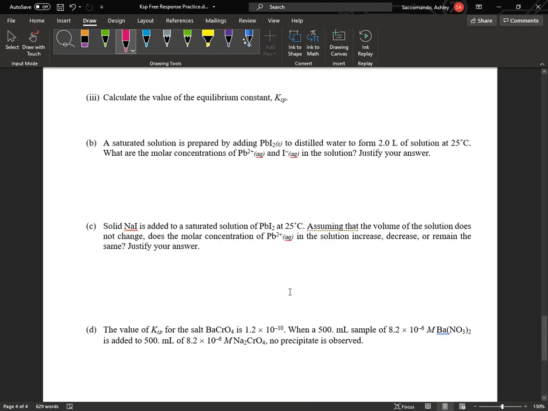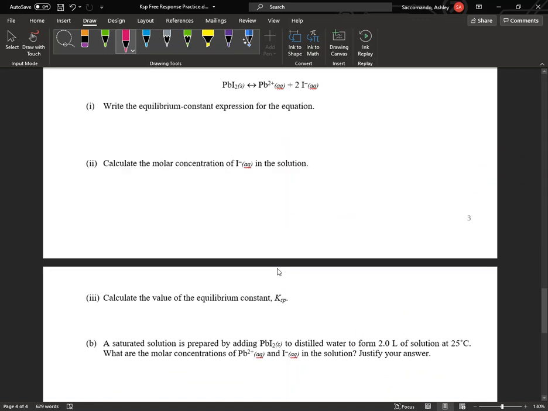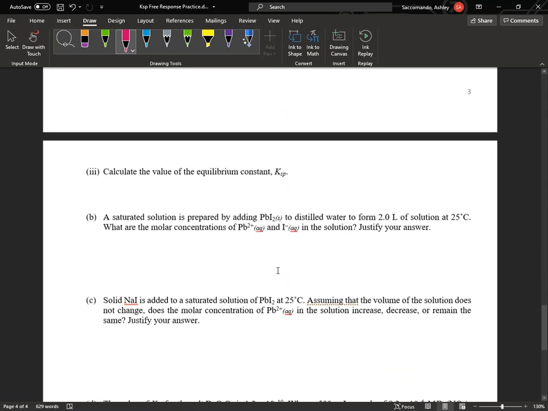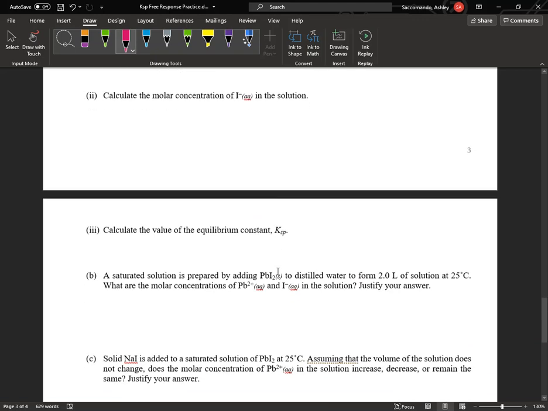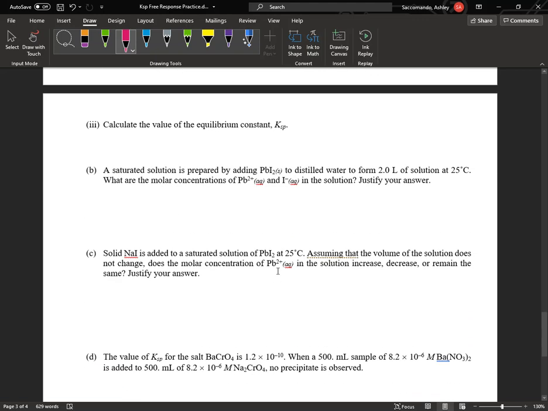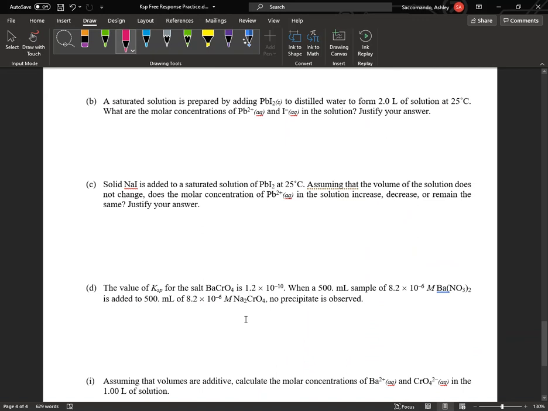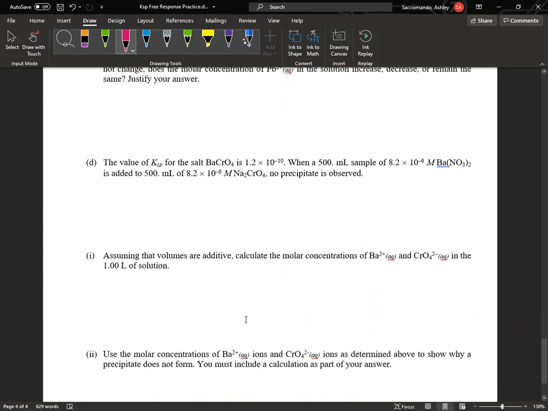All right, so here it says a saturated solution. The value of the KSP of the barium chromate is when the sample is added to the. What did they want us to do with that? I don't know what they wanted us to do with that.